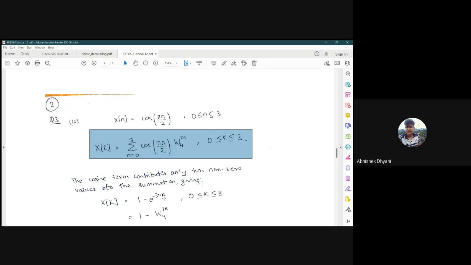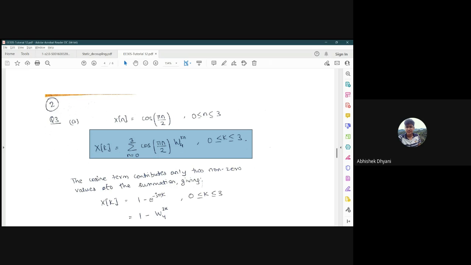Because n equals 2, and so, actually there should be minus j pi k by 2 here, right?